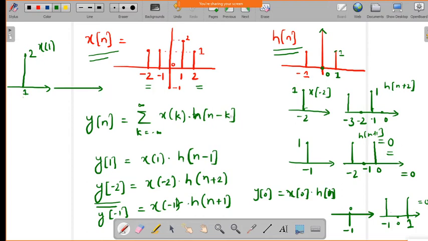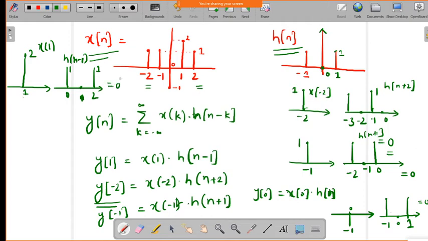If you put k equal to 1, what is h of n minus 1? Shift the input signal by 1 unit. So what will we get? At 0 it will be 1, at 1 it will be 0, and at 2 it will be 1. So now 1 into 1, so the impulse response will be equal to 0.